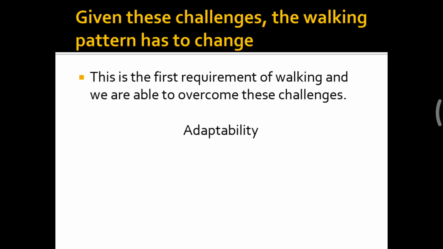If you maintain the same pattern, it's going to be a problem. And so what is required of the body system is adaptability. The body system should adapt and change the pattern of gait depending on the environment. This is the challenge that the environment gives to us.